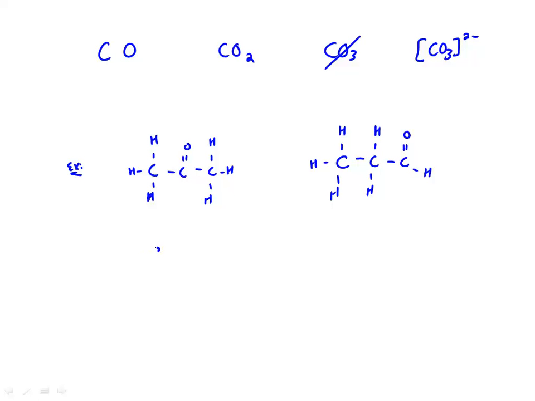This molecule is C3H6O, and this molecule is also C3H6O. Both of those are C3H6O, and those are 2 different Lewis structures, right? One of them has the carbon-oxygen double bond in the middle. One of them has the carbon-oxygen double bond at the end of the molecule.